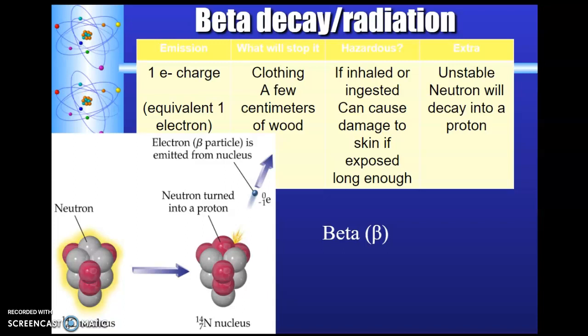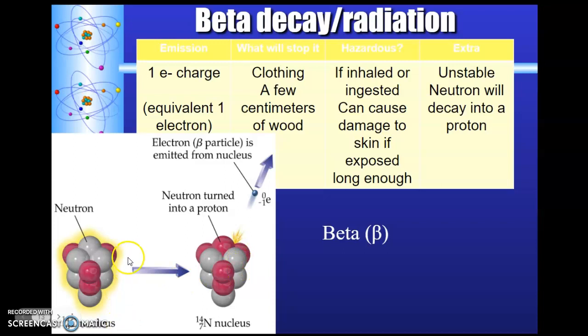So a neutron turns into a proton, and in that process, an electron gets emitted from the nucleus, gets ejected. So the mass doesn't change. Remember, neutrons and protons weigh the same. So nothing changes for the mass, but if you add one more proton, you're going to add 1 to the atomic number, so you're now going to change the identity of the element completely.